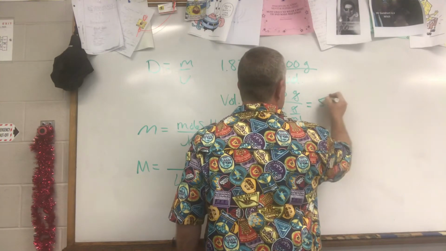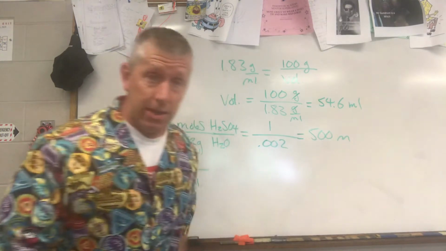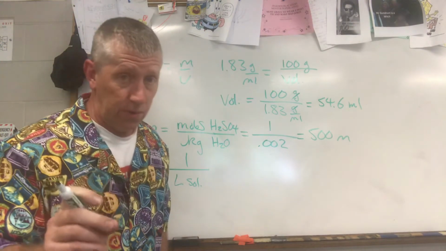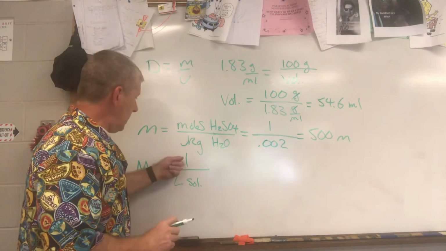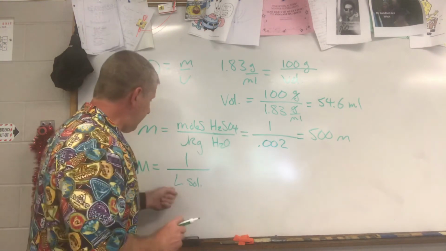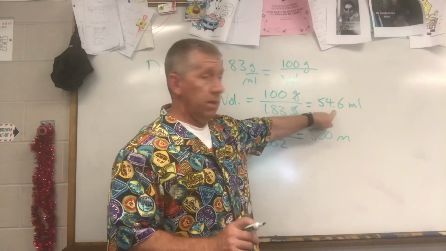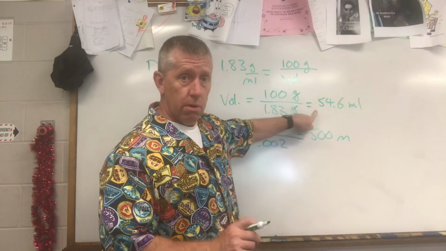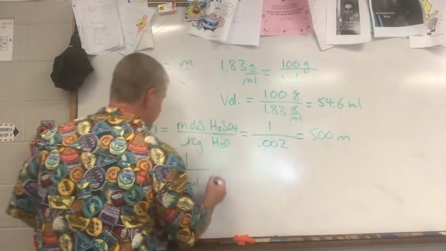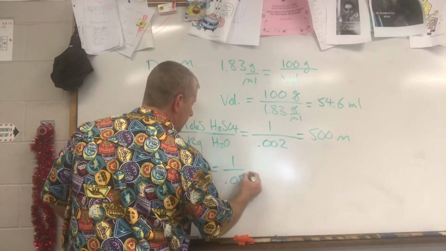So 54.6 milliliters. I need to take that 1, which was the moles of my H2SO4, and divide it by the liters of solution. Milliliters to liters, 3 places to the left. 1 divided by 0.0546.